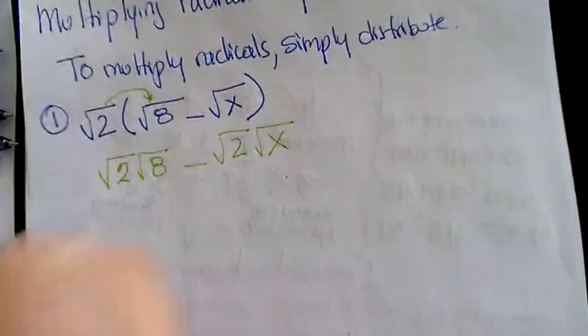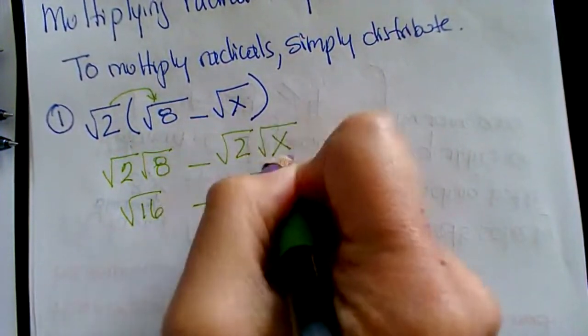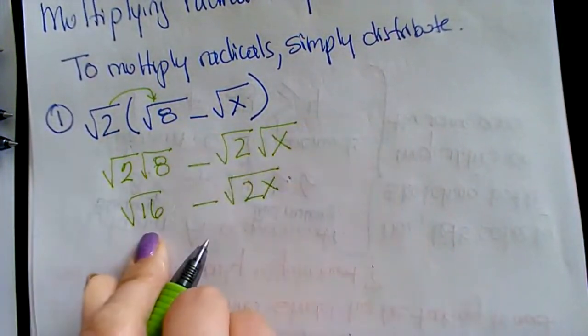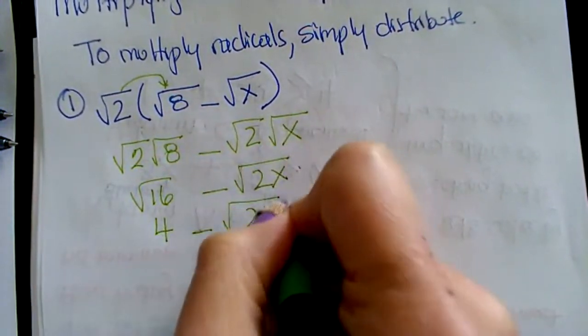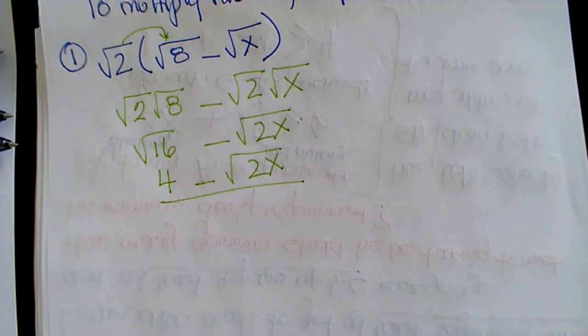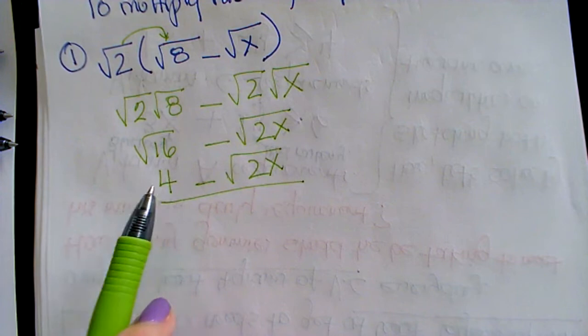All right, now let's multiply. We have 16 and we have 2x. Square root of 16 is 4 minus square root of 2x. And that's our answer. All right. Now, remember to simplify it whenever you can.